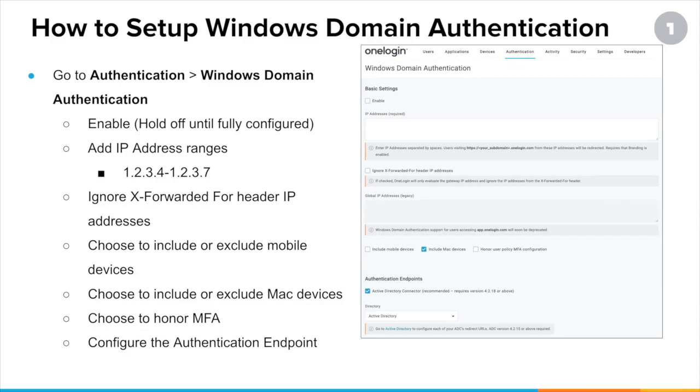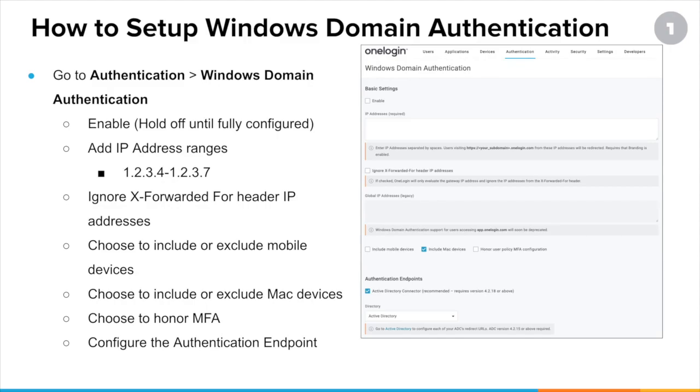99.99% of the time, you will want to choose that Active Directory connector option like I have checked down there. And the drop down shows you which Active Directory connectors you have configured for your environment, because again, only one of them can be enabled to process Windows Domain Authentication requests.